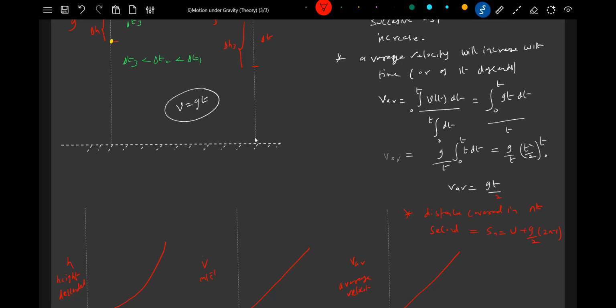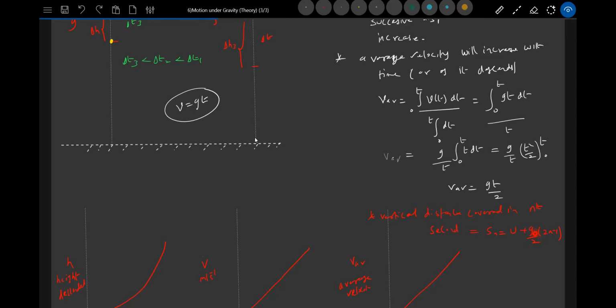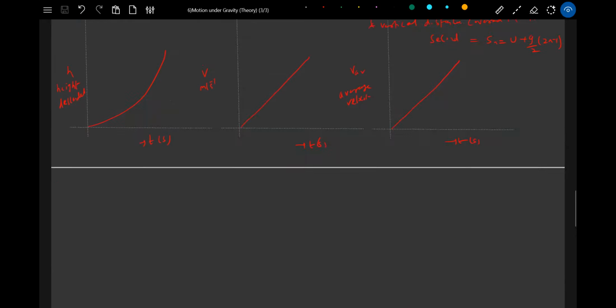So the distance means here vertical distance, or height descended. Vertical distance covered in the nth second is given by this particular formula. If it is released from rest, put u as 0. If it is projected with a certain velocity, take help of this u. Instead of a, g will come into the picture. It is about the freely falling body. Okay, next we'll go for vertically projected.